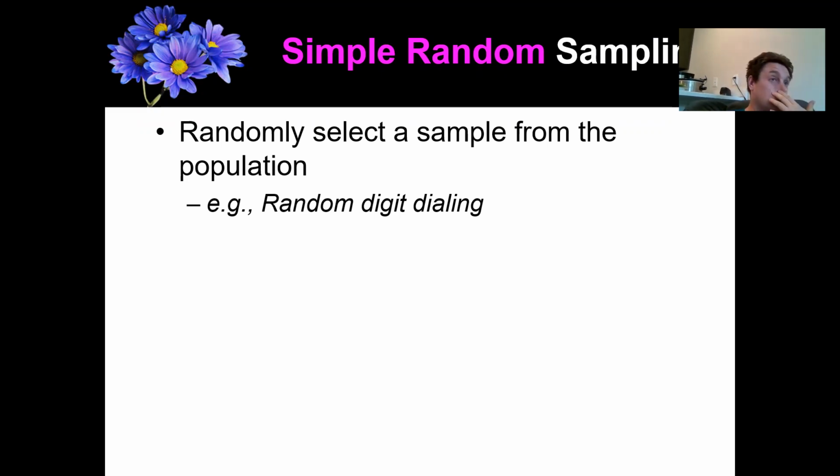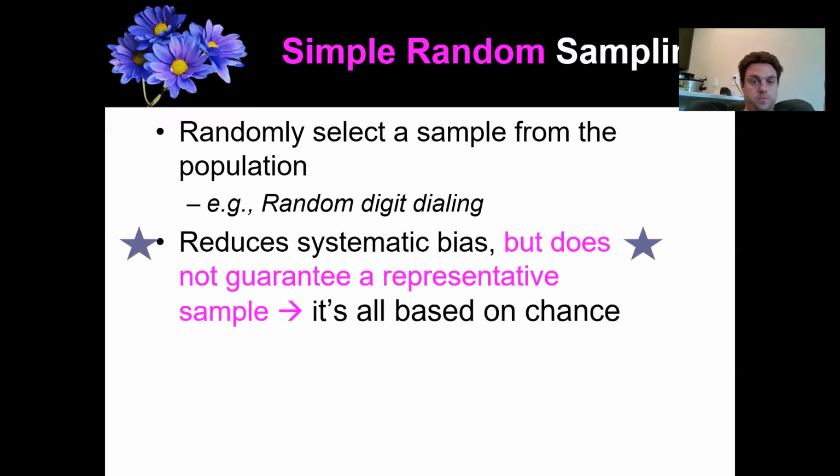Other populations, you might have to get more creative. But let's say you're just interested in interviewing anyone in the US or any adults. A simple random sampling method would just be to randomly dial digits and get anyone you can to participate in the study.